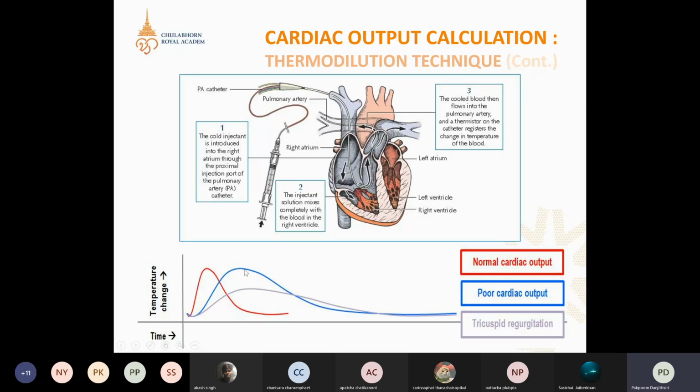The whole blood is still the same amount of blood, right? But it takes quite a long time to reach the end of the catheter because of the poor RV function, something like that.